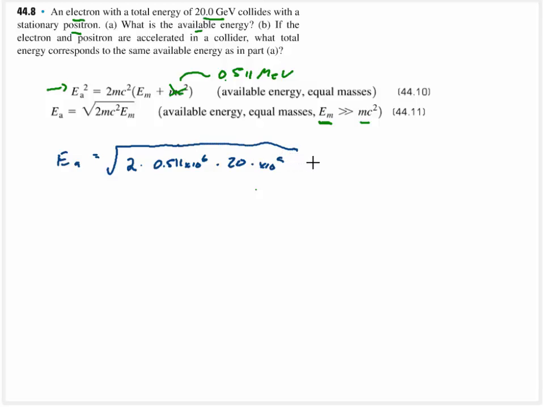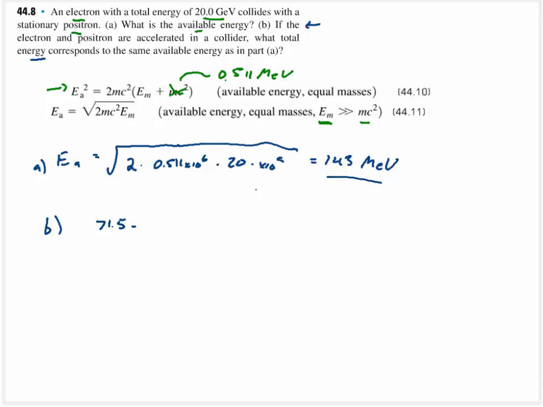And we're going to work our way out to about 143 mega electron volts, and that is available to the system. Now, if these guys were accelerated in a collider, what total energy corresponds to the same available energy in part A? Well, you could convince yourself that if these guys were accelerated in a collider, then each is going to get half of that energy because they have the same mass and all that good stuff.